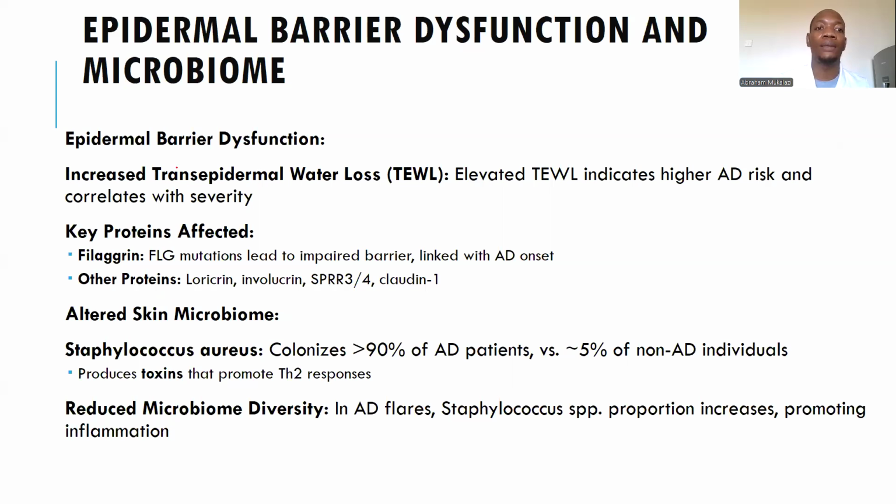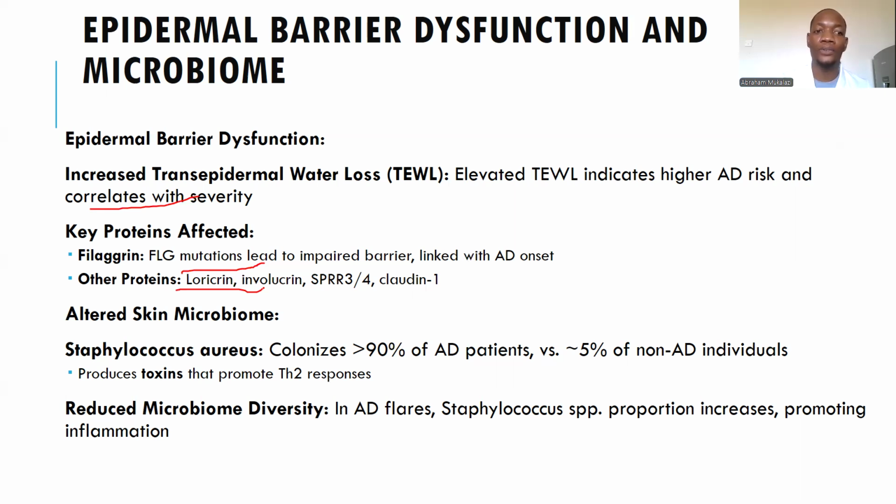So the more the increased transepidermal water loss, the higher the risk of severe forms of atopic dermatitis. And we've seen the role of this gene, the filaggrin gene, and other proteins that have been implicated as well. We include involucrin, loricrin, and also claudin 1.